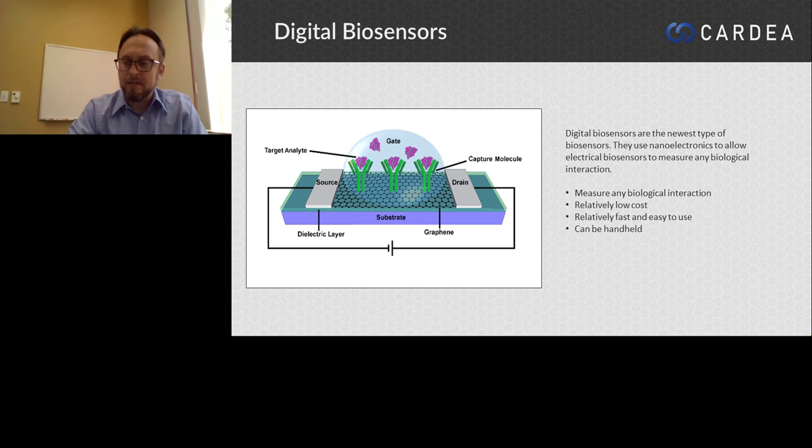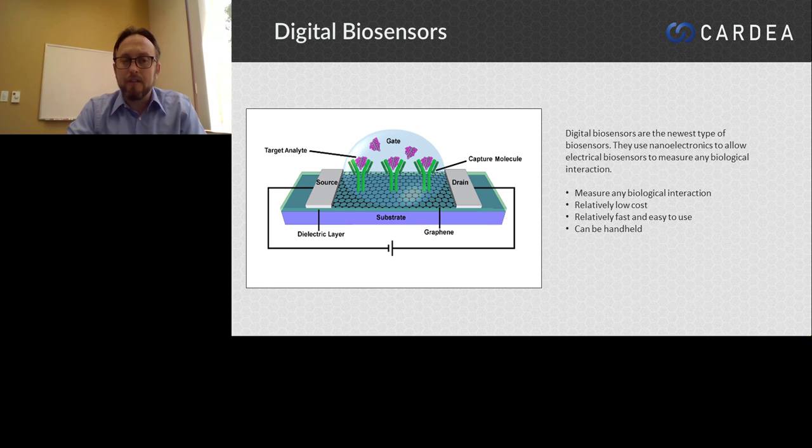Digital biosensors combine the benefits of the old style electrochemical sensors with the capabilities of optical biosensors, meaning a digital biosensor is relatively low cost, relatively fast and easy to use. It can be handheld, but it can also measure any biological interaction.